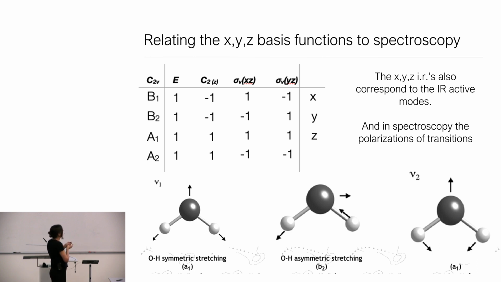And any mode that is x, y, or z active can actually be dipole allowed, right? And so here I'm just showing in C2V symmetry that you have symmetric modes for water that transform as A1, as well as asymmetric modes that transform as B2, and both of these are actually different types of dipole allowed vibrations that Maurice is going to go through with you guys in more detail.